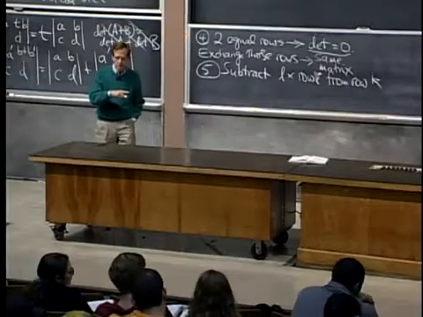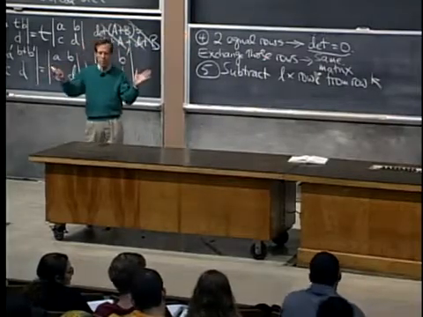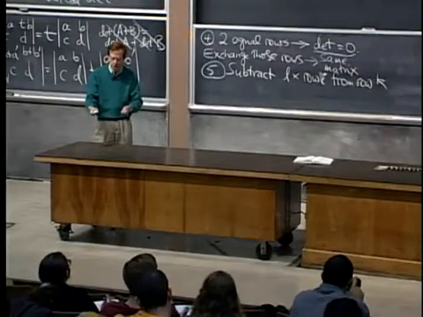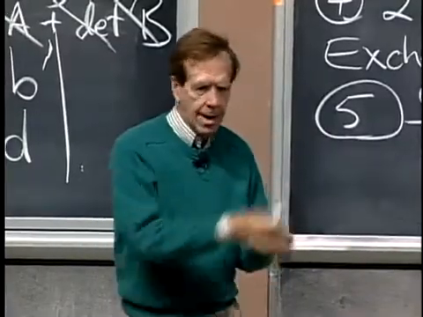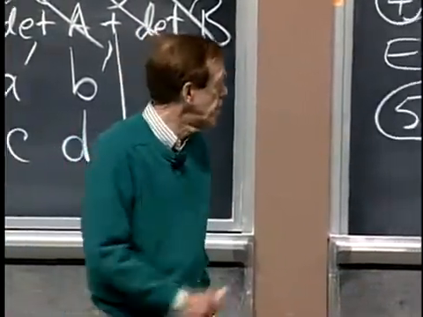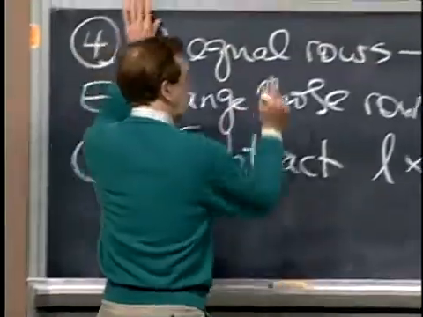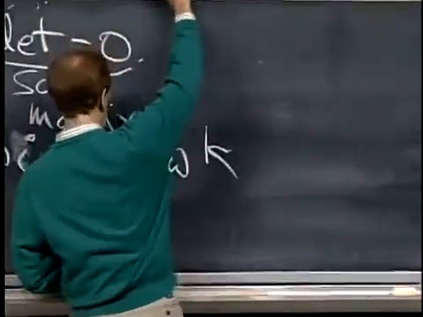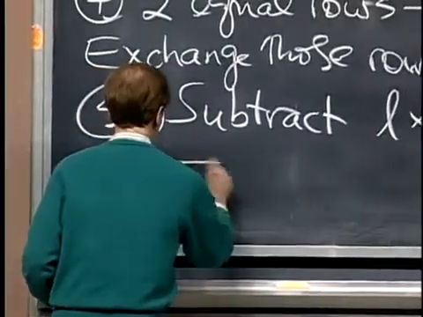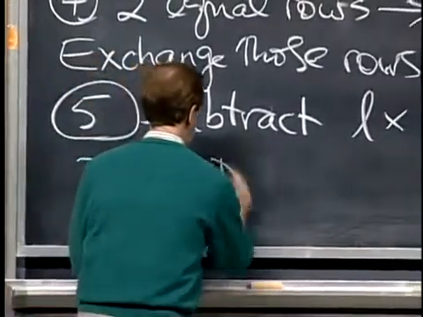Because that will allow me to start with this full matrix, whose determinant I don't know, and I can do elimination and clean it out. I can get zeros below the diagonal by these elimination steps, and the point is that the determinant doesn't change.